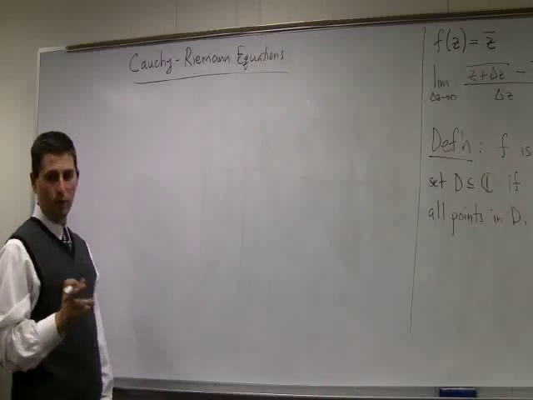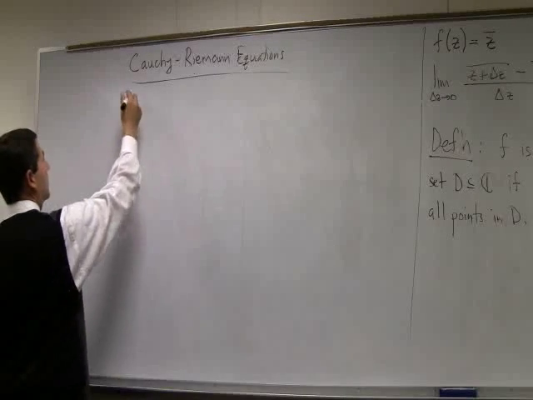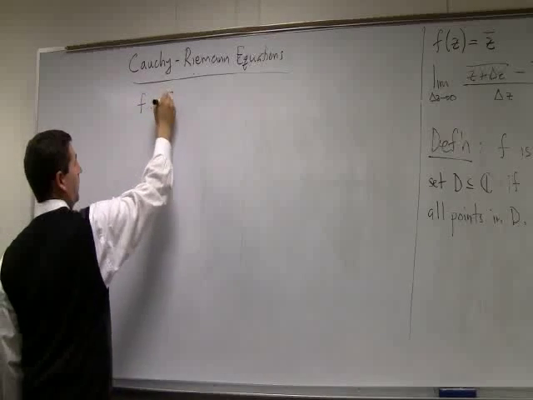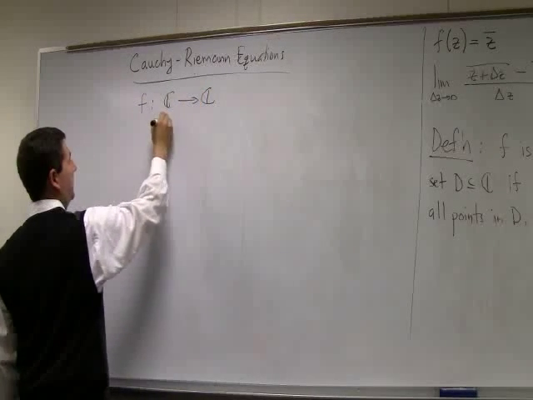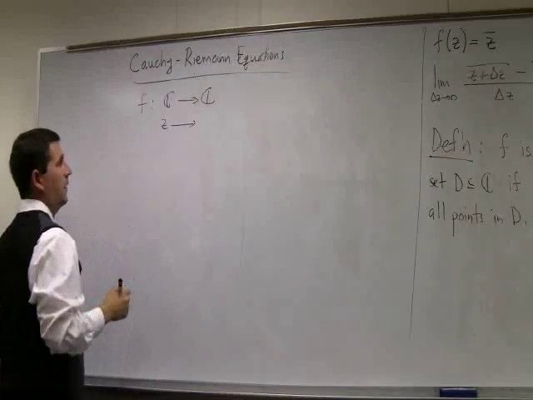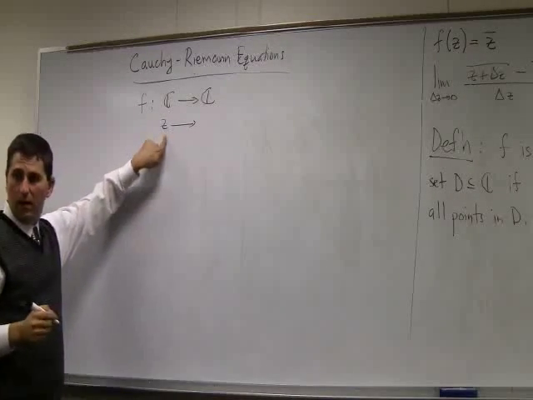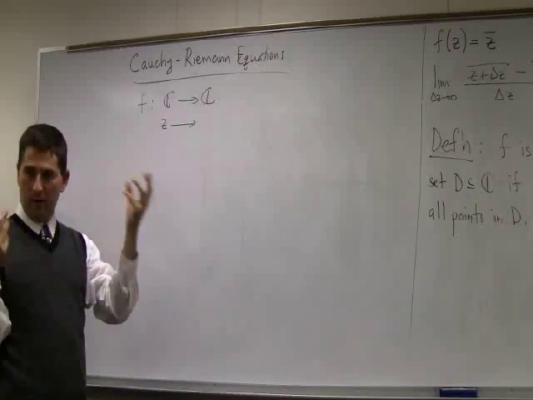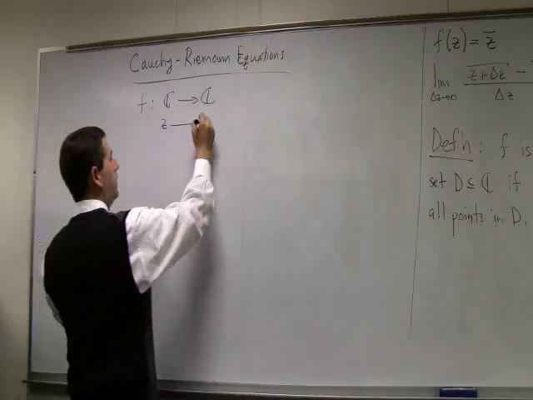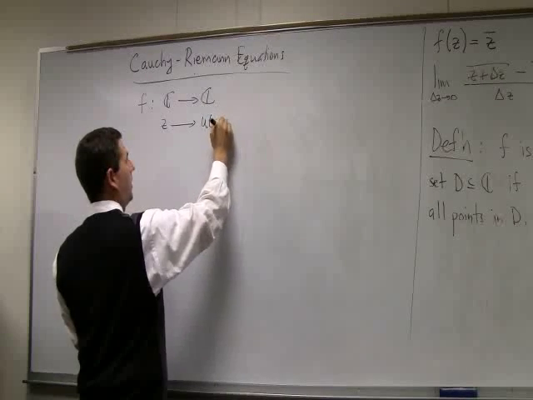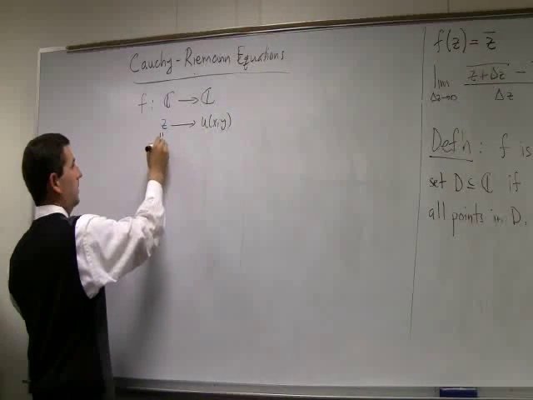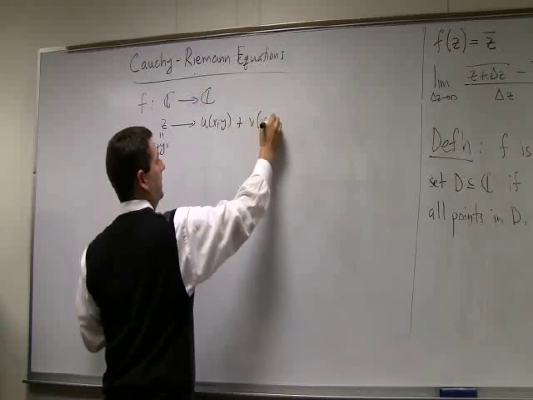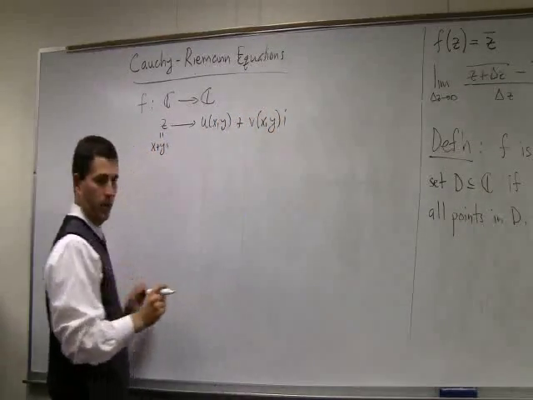Well, we have to go back and remember something we did last week: if you have a function from C to C, it's going to eat some z, and then spit out a w. But we could break that w up into its real part and its imaginary part. The real part is completely dependent on x and y, where z is x plus yi, and the imaginary part is another function completely dependent on x and y.